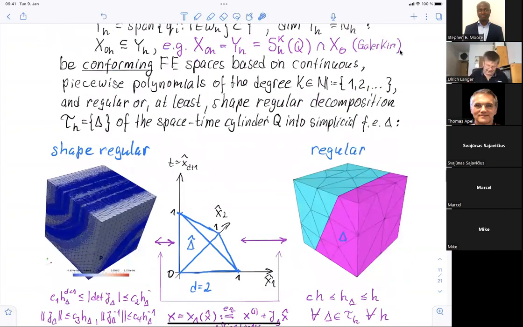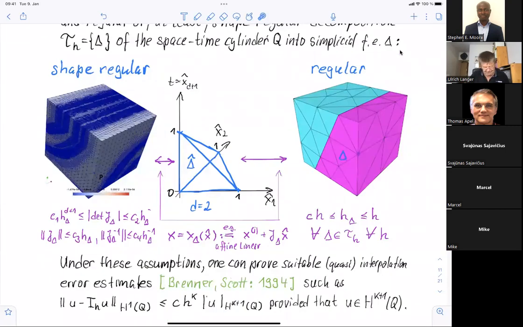So this is the regular case. I do not explain the regular case now; you can do it in different ways. I always do it, as in the lecture, with an affine linear mapping from the master element to the element in the decomposition, and then you request the usual things for the modulus of the determinant and for the spectral norm of the Jacobian.